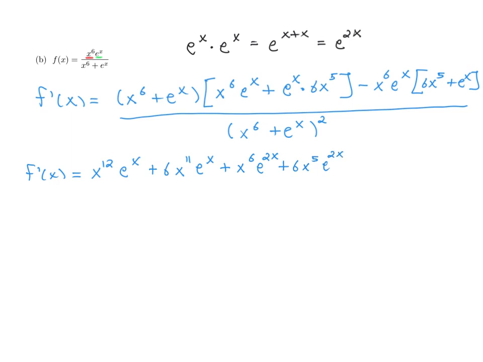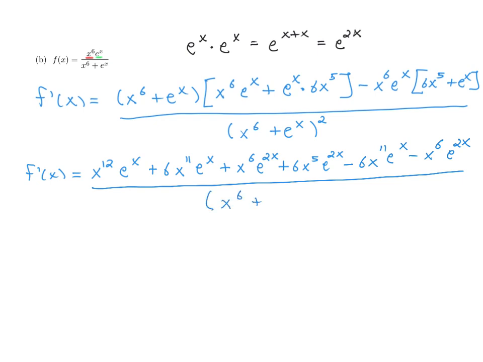And lastly, I can now distribute this into these parentheses. That's going to be negative 6x to the 11th e to the x. And then also a negative x to the 6th e to the 2x. All divided by x to the 6th plus e to the x, squared. Any stuff cancel? Hope so. Here we go.